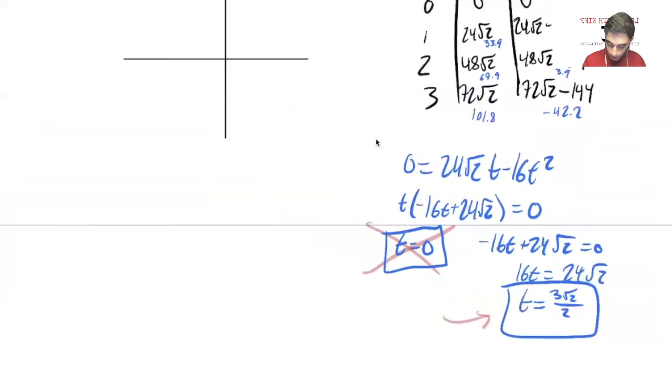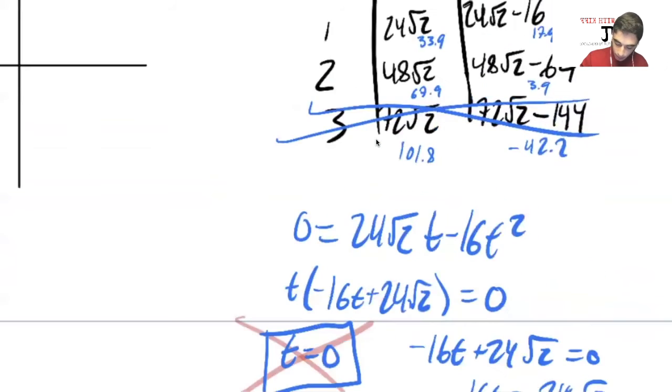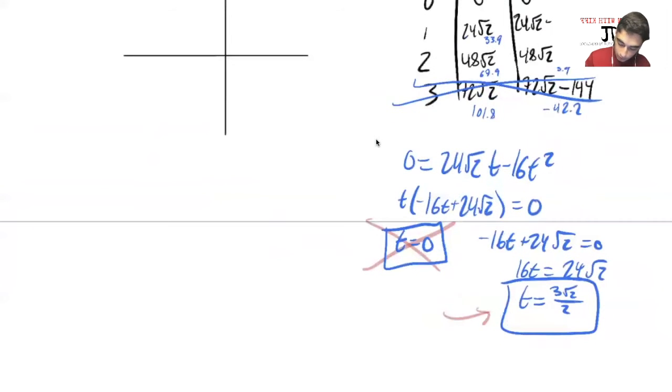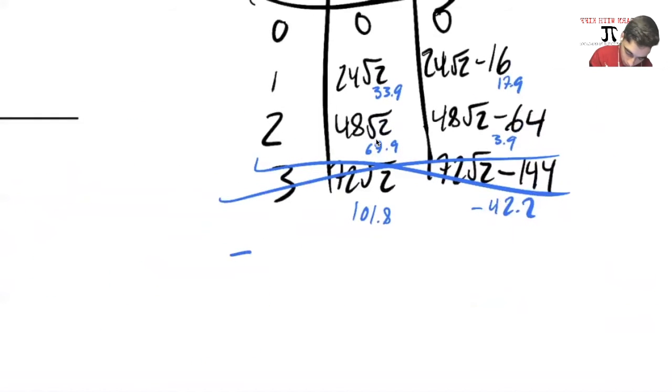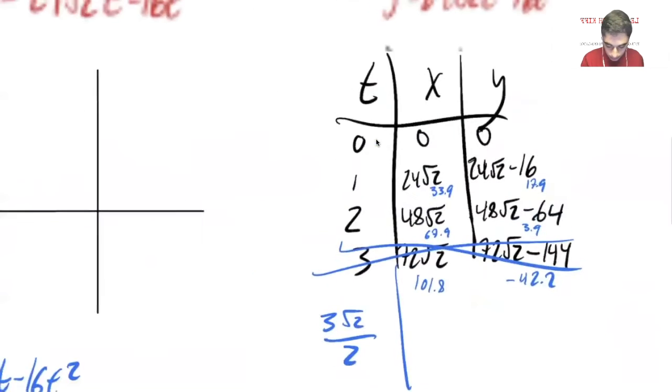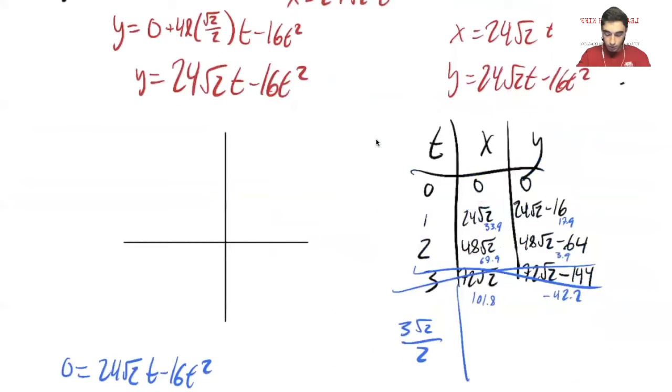So I'm going to get rid of this one and instead say at t equals 3 radical 2 over 2, x is 24 radical 2 times 3 radical 2 divided by 2.